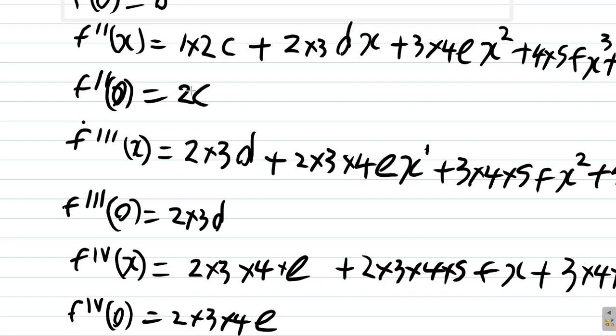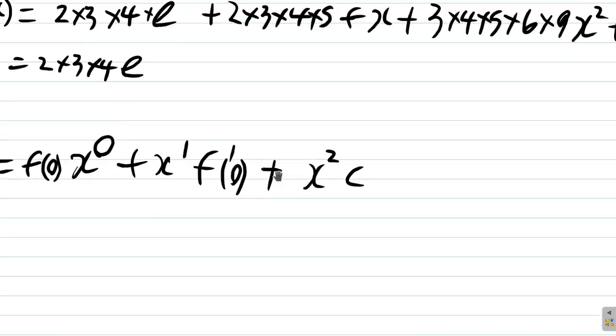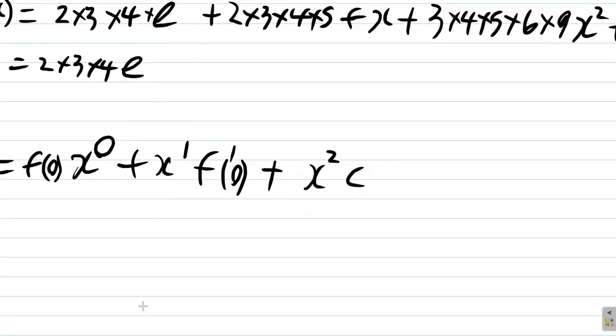So if we divide both sides by 2, we get c being equal to f double prime of 0 over 2.